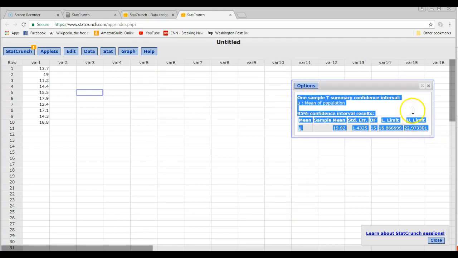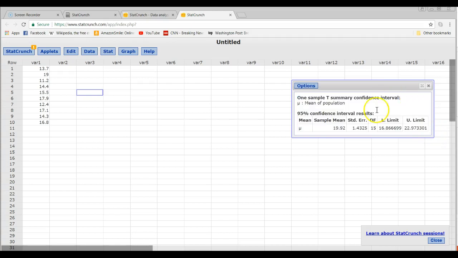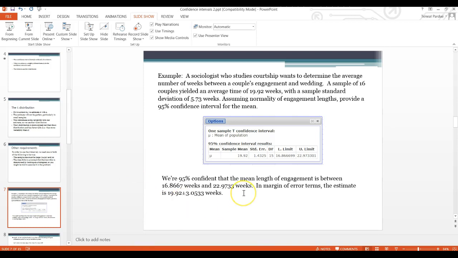So again, highlight that, Control C to copy, and paste it over into your Word document. So here's the confidence interval. We got 16.8667 and 22.9733, which means that we're 95% confident that the mean length of all engagements is between those two values.